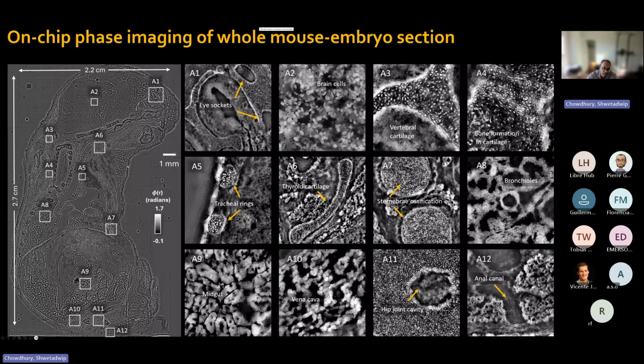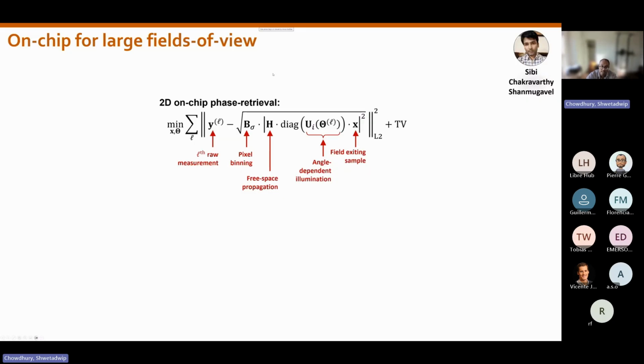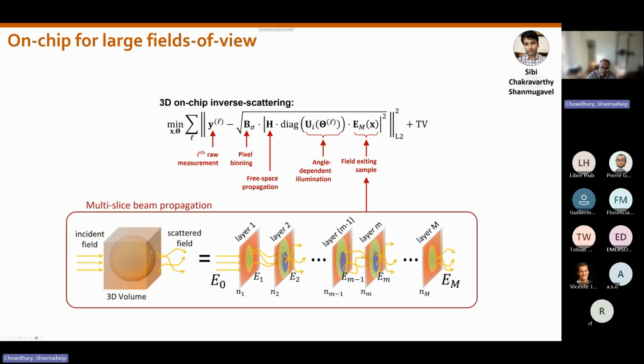Okay. So everything that I've shown right now is 2 dimensions. We really care about moving to 3D. And the beauty of this approach, so this is the algorithm that we used before, is that even though we're considering this to simply be a 2-dimensional field that exits the sample, if we have a 3-dimensional sample, this can simply be replaced by the exit field that is calculated using the exact same approach that I talked about before.